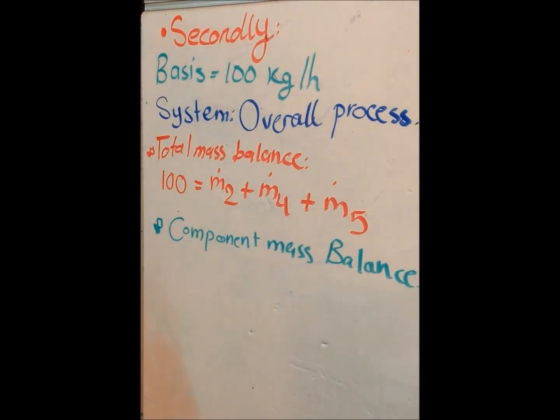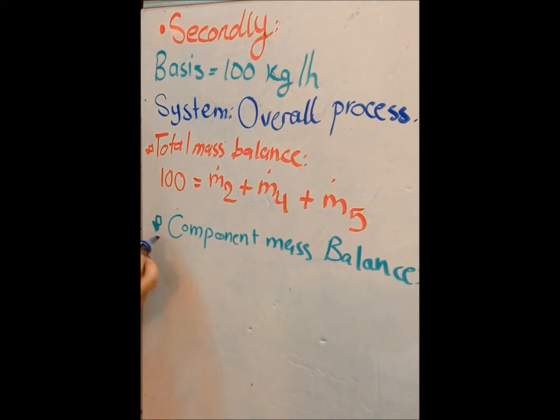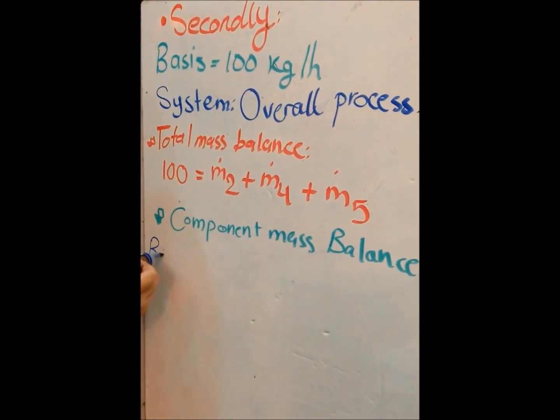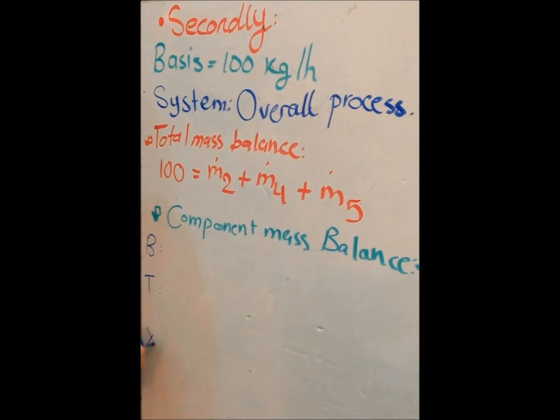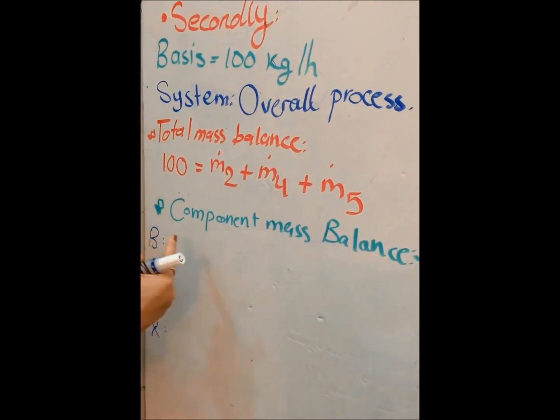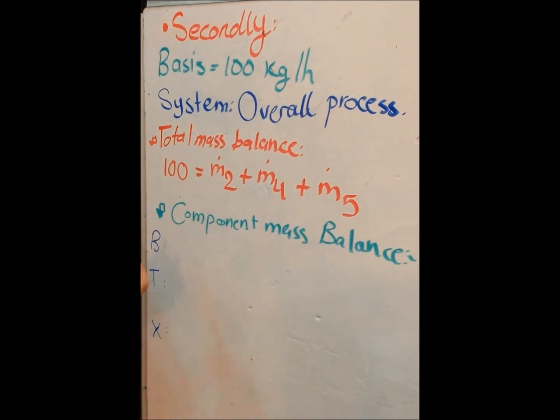We have 3 components, which are benzene, toluene, and xylene. For each one we will make a component mass balance.